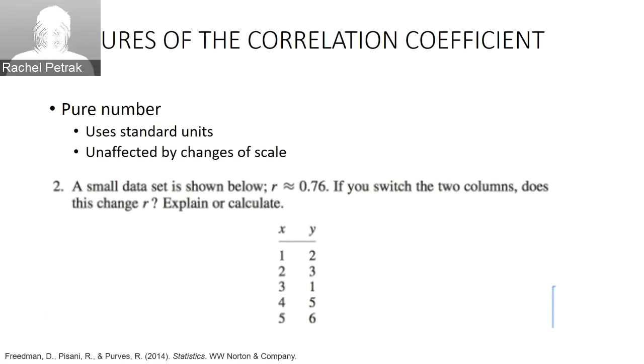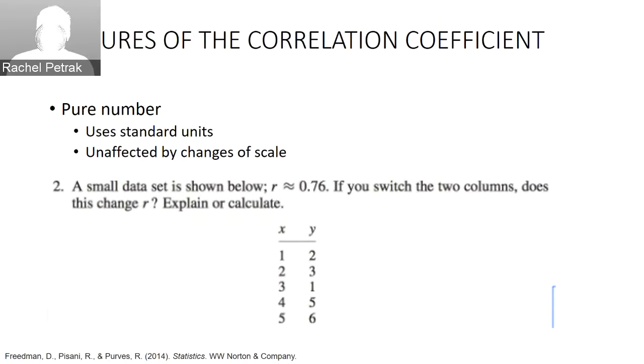In this problem below, I want to highlight a quick point, which is that if you switch the columns, x and y, the correlation is the same because it doesn't matter with correlation which variable goes in the x or the y location vis-a-vis the actual correlation coefficient.